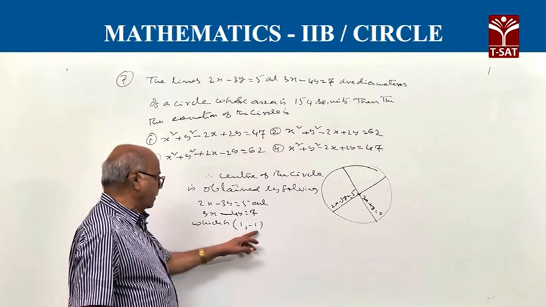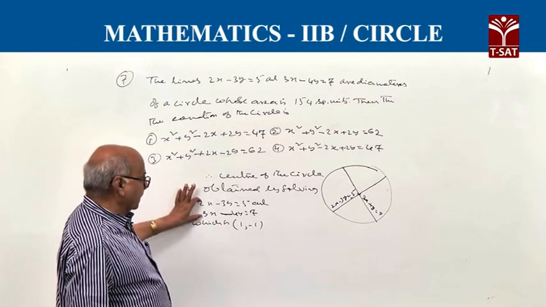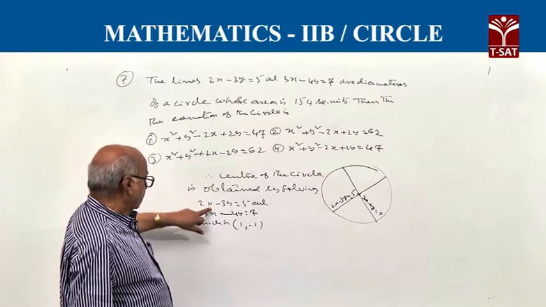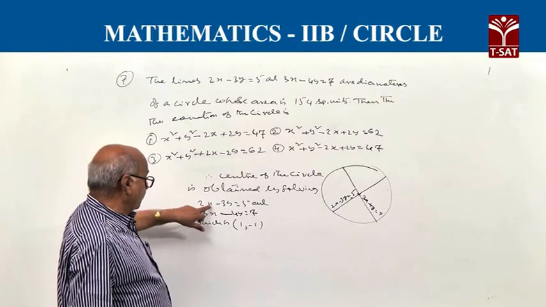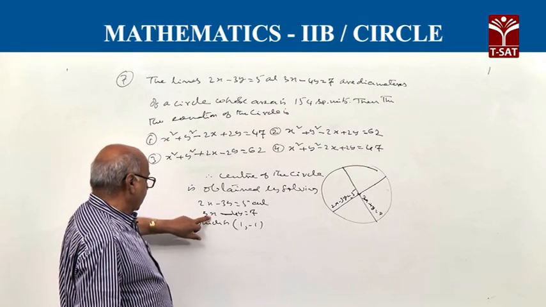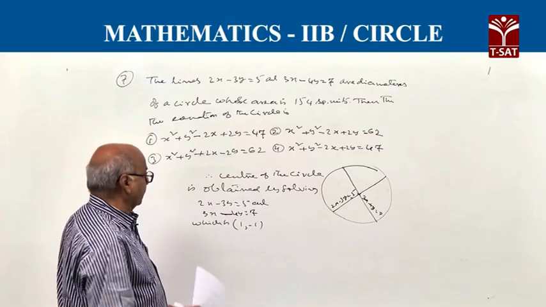Now you can see that (1, minus 1) is lying on both the lines: 2 plus 3, 5; and 3 plus 4, 7.